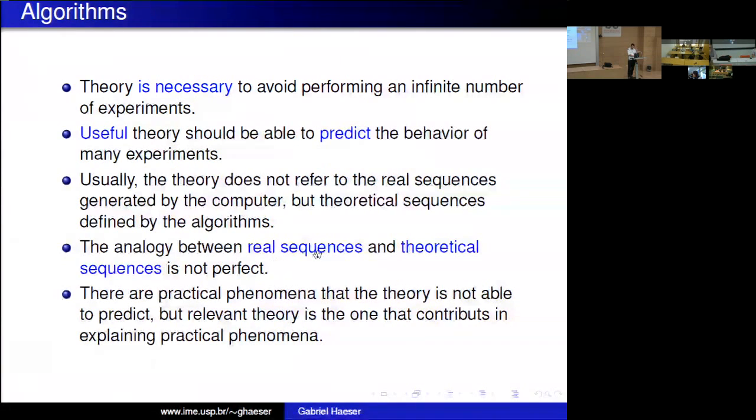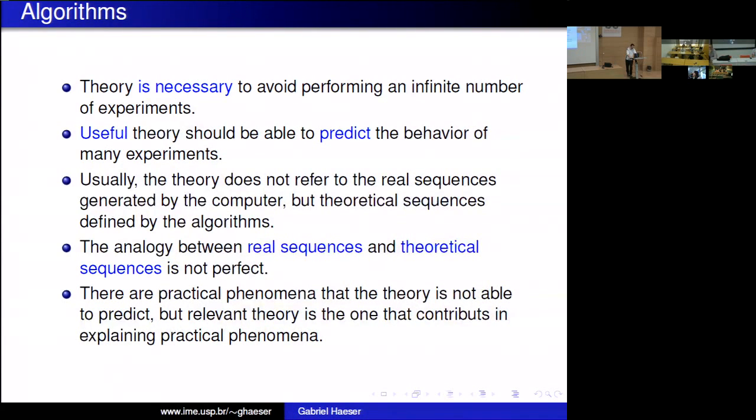And this analogy is not perfect. The real sequences generated by the computer, maybe they are not the same as the theoretical sequence that our theory predicts. But the theory does not refer to this real sequence. It refers to the theoretical sequence, of course. But the theory is necessary if you want to avoid performing an infinite number of experiments.